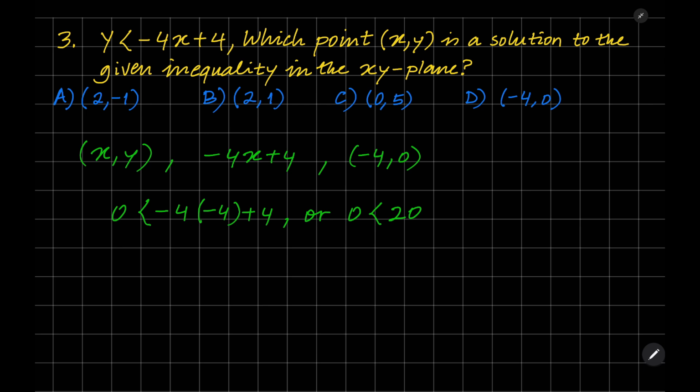Therefore, the point (-4, 0) is a solution to the given inequality. So choice D is correct. Now let's go to the next question.